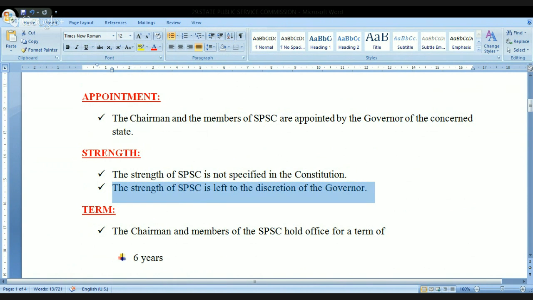But kindly remember, I told you this point so many times during our various discussions, that India is a parliamentary form of government where the Prime Minister will give the advice and the President is expected to follow that. Since India is a federation, whatever structure we have at the central level, a similar structure we also have at the state level.